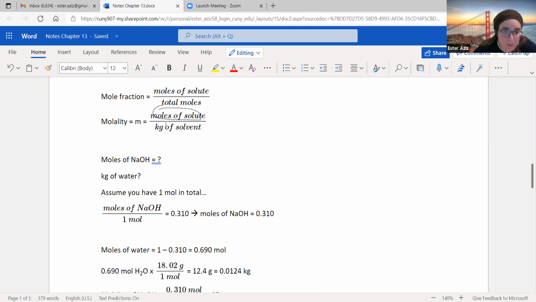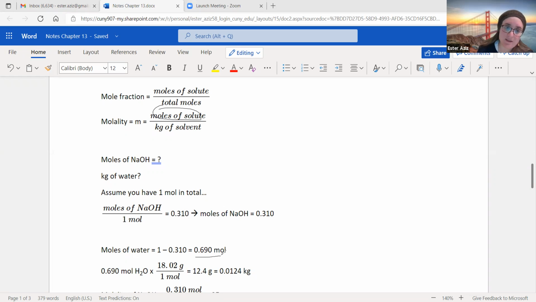Well, we know the moles of water because we made that assumption, right? We decided we're working with 1 mole of total moles, and then we found that in that case we have 0.310 moles of NaOH, and therefore we can say that the moles of water is 1 minus 0.310, and so we have 0.690 moles of water.